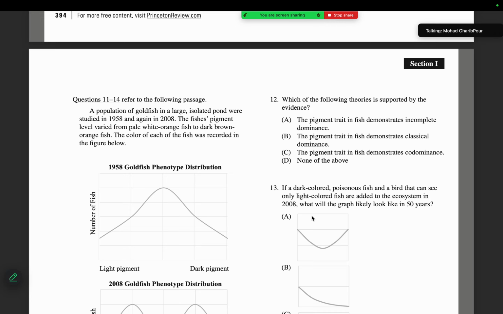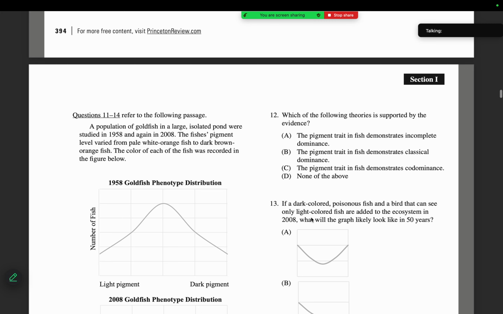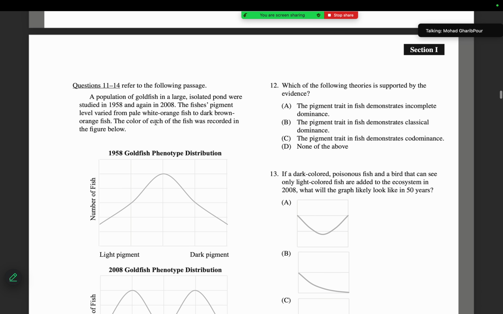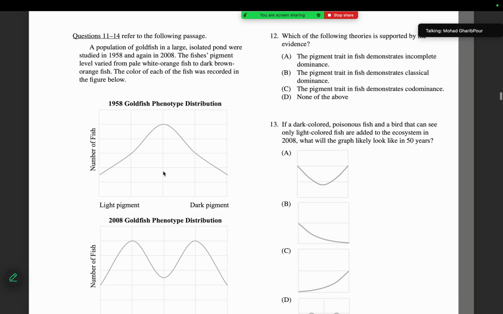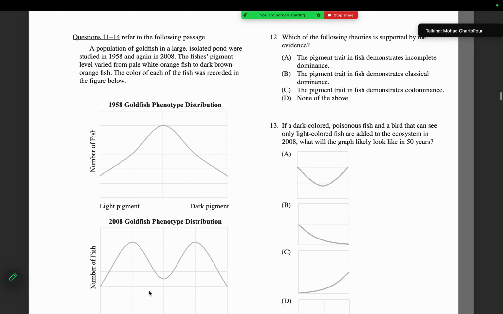Okay, number 12 refers to this. Populations of goldfish in a large isolated pond were studied in 1958 and again in 2008. The fish's pigment level varied from pale white orange fish to dark brown orange fish. The color of each of the fish was recorded in the figure below. Okay. So what kind of evolution is this?